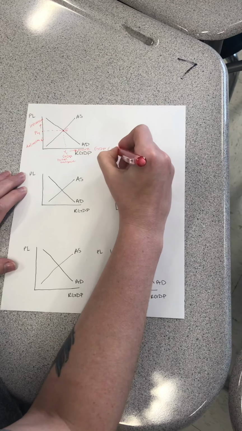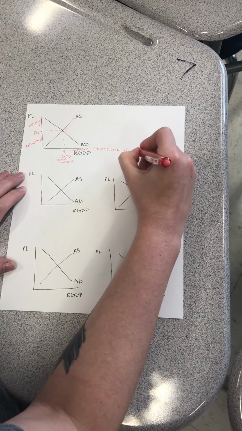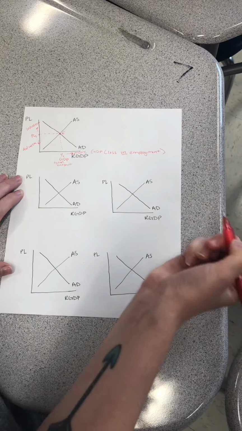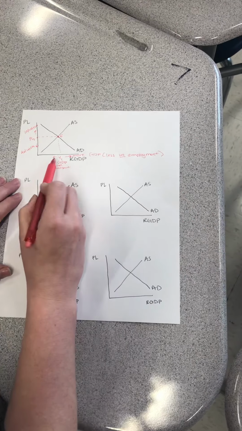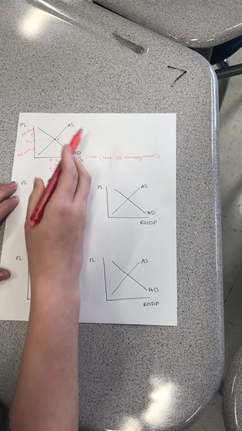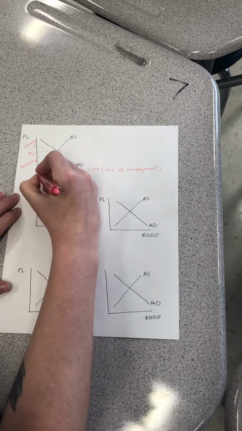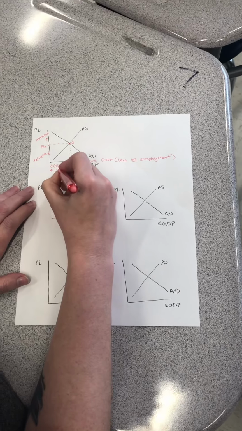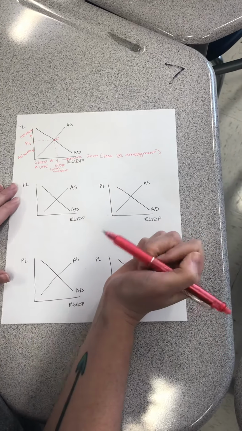And because we have more output, we have less unemployment. And if we go the opposite way, if it goes below equilibrium, back this way, that means that we have a decrease in GDP, which causes an increase in unemployment.